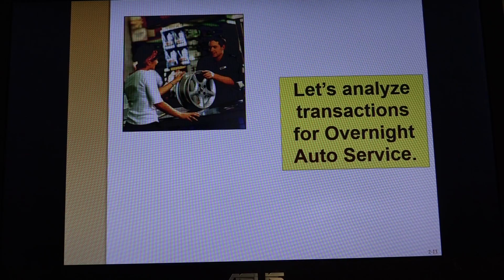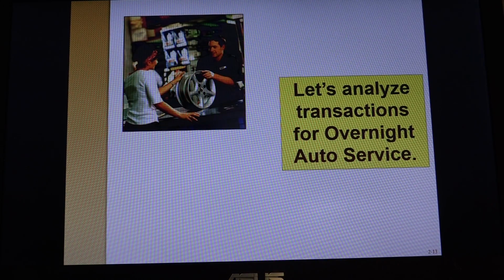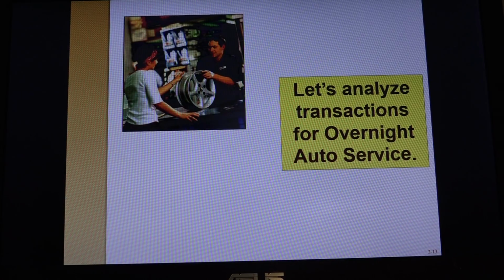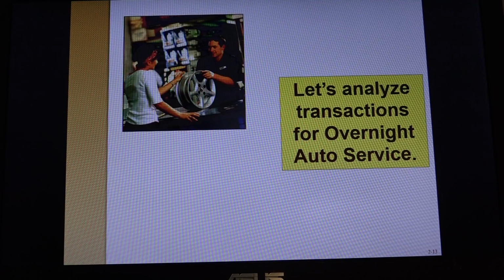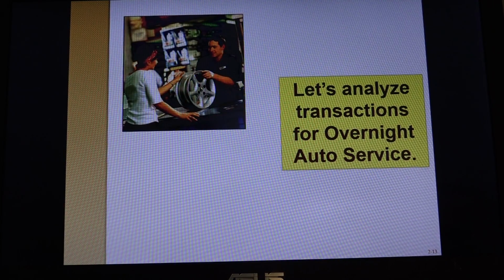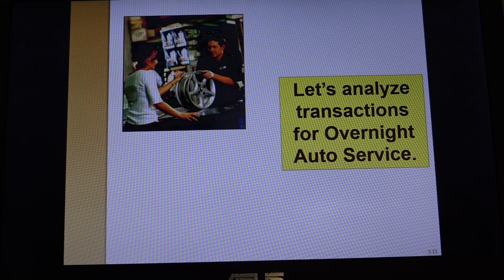The time that will happen is probably when you owe them their normal paycheck. So just understand that.